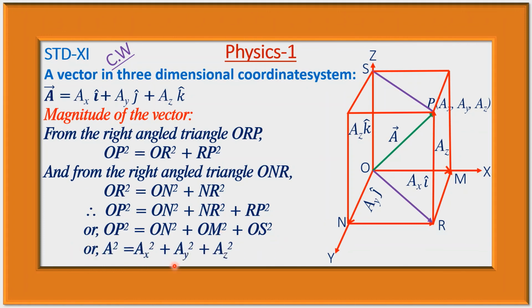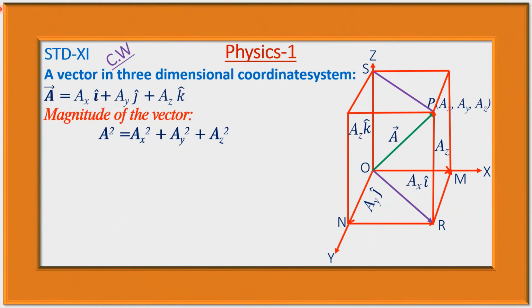So A square is equal to OM, meaning AX, so AX square, and ON means AY square, and OS means AZ square. So A square is equal to AX square plus AY square plus AZ square. Therefore we can write A is equal to root over AX square plus AY square plus AZ square.